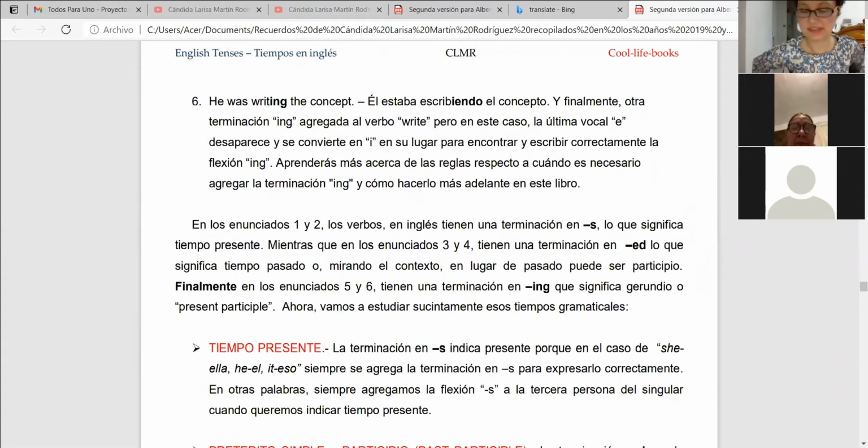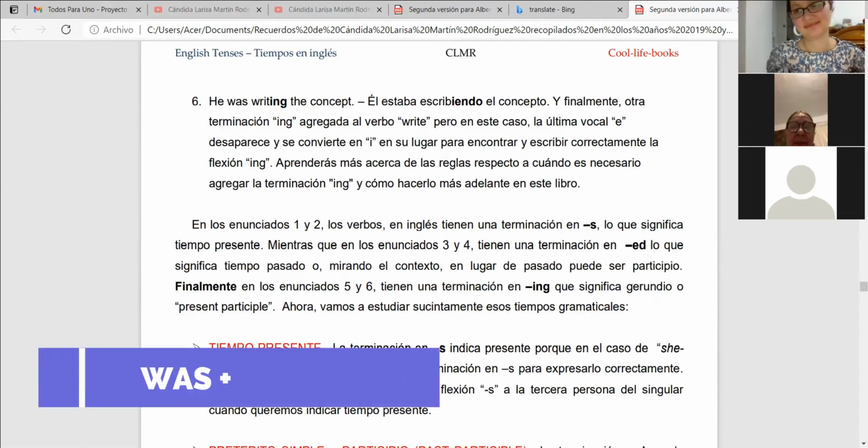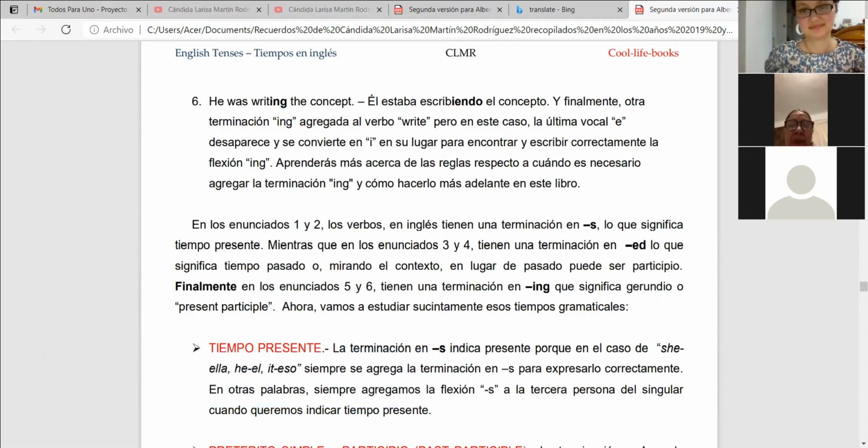And the last one, number 6, Carmen, could you please read it? He was writing the concept. Él estaba escribiendo el concepto. The ending ing is added to the verb write. Very good.